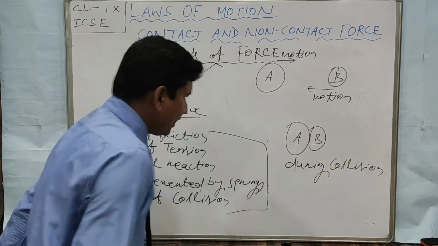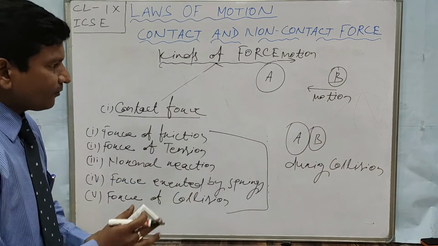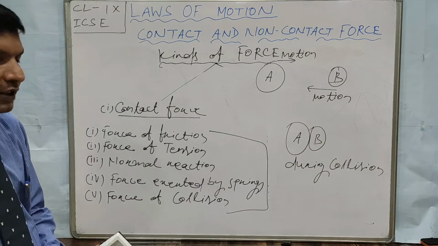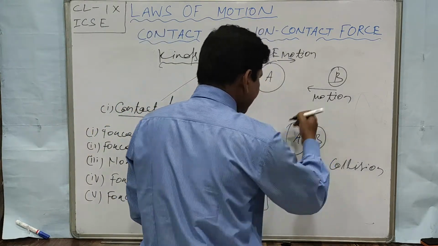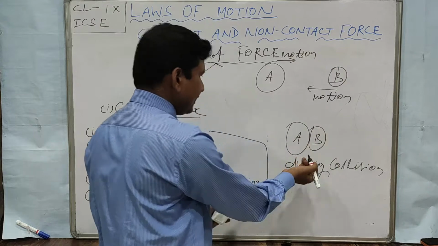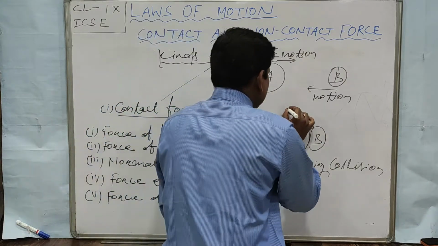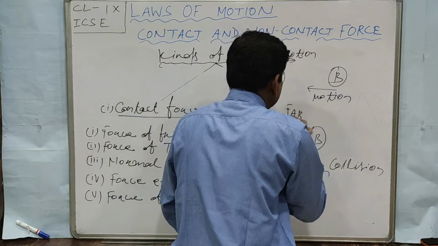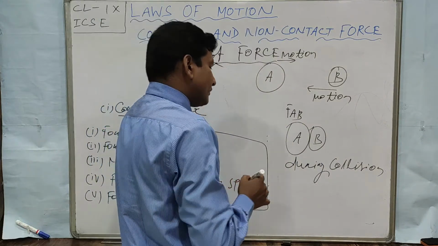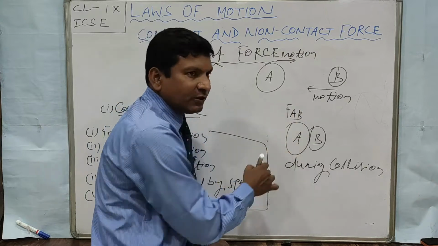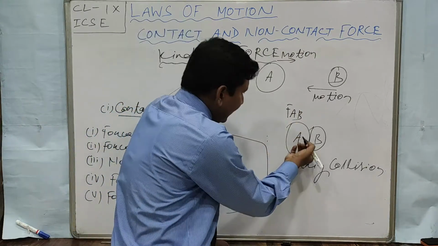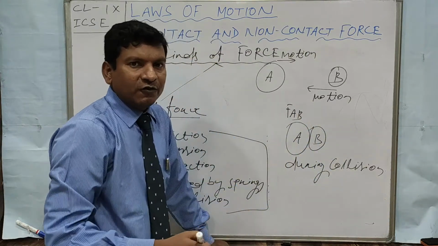When they collide with each other, both of them exert some force. A is getting a force due to B. B is exerting a force on A, that is known as FAB. The force on A due to B is your force of action.